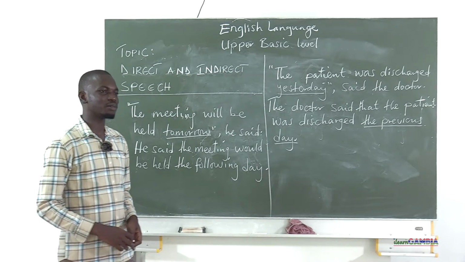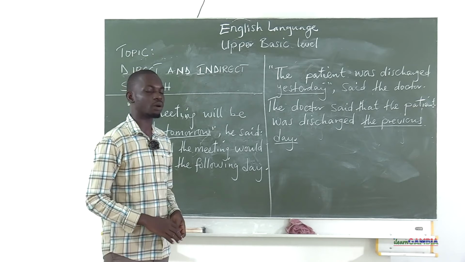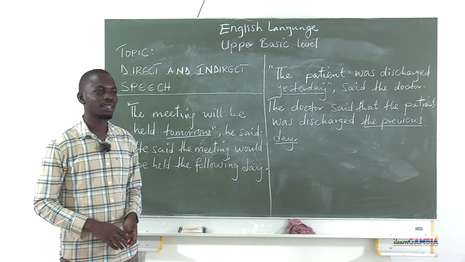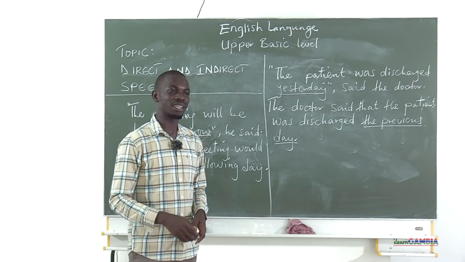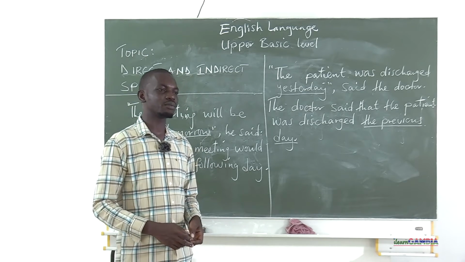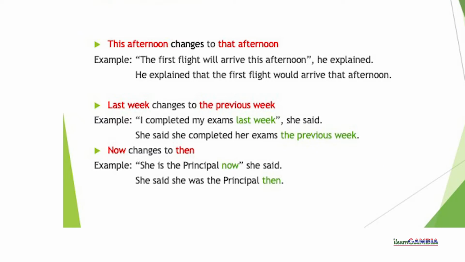Another thing that you need to take care of when you are reporting a statement is when you have this afternoon in the direct speech, this afternoon, for example, has to change to that afternoon, okay? Because distance in time always has to be factored, okay?